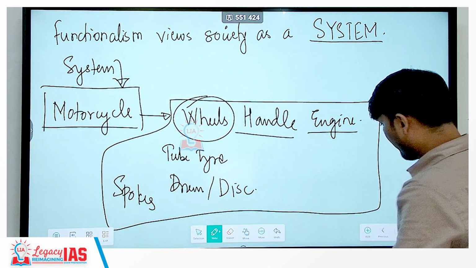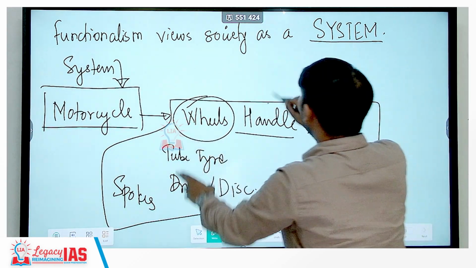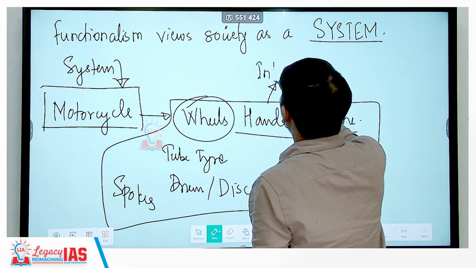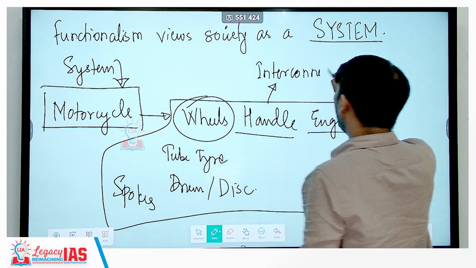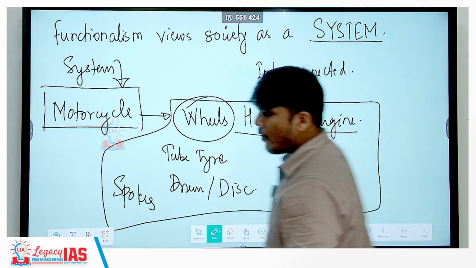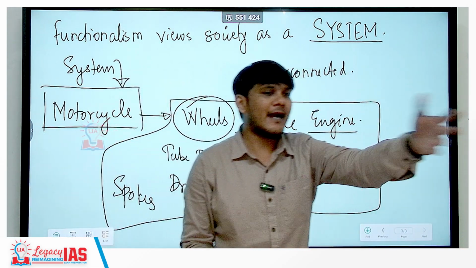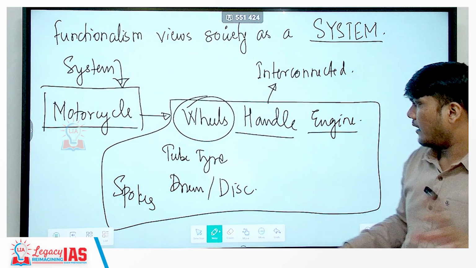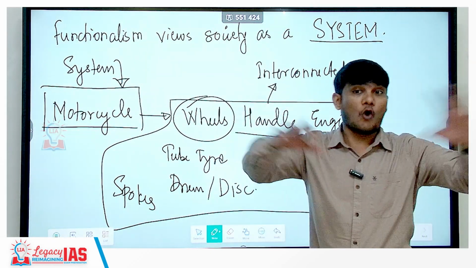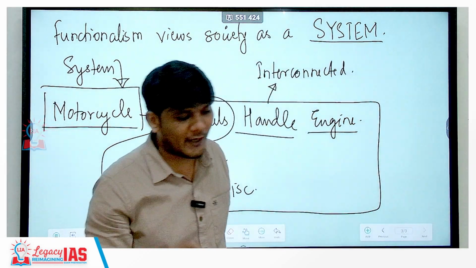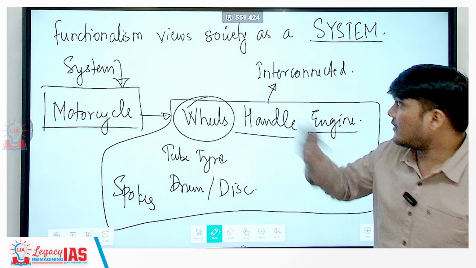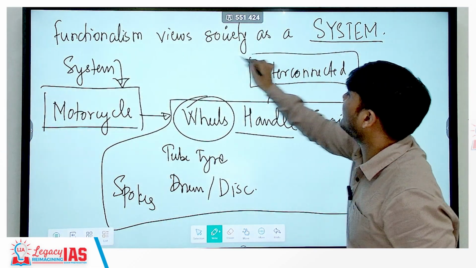I hope that's clear. So what are these things? They are interconnected. Of course they are interconnected. Can you have two wheels here, one handle there, another engine there, tube here, tire there, and then call it a bike? No, you cannot call it a bike, right? These things need to be interconnected with each other.